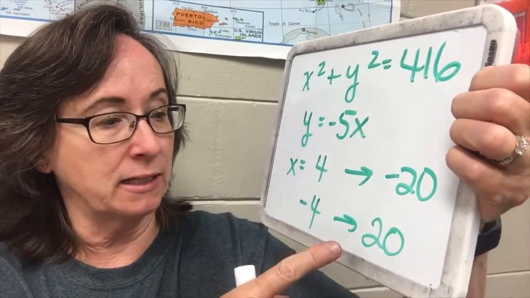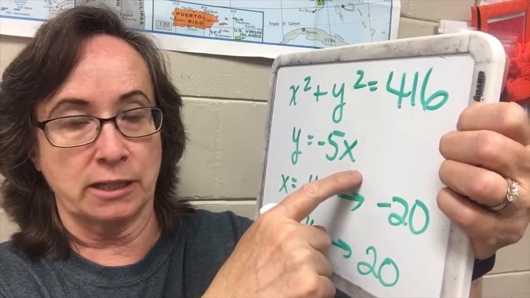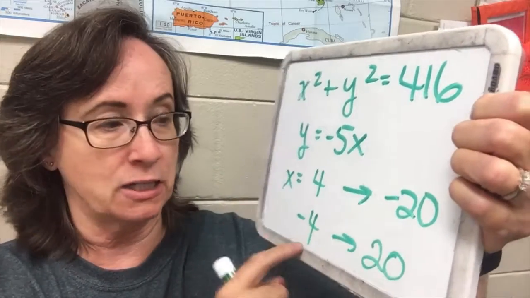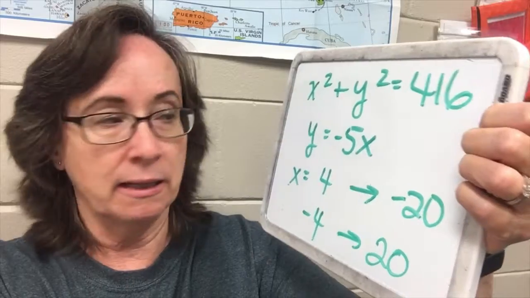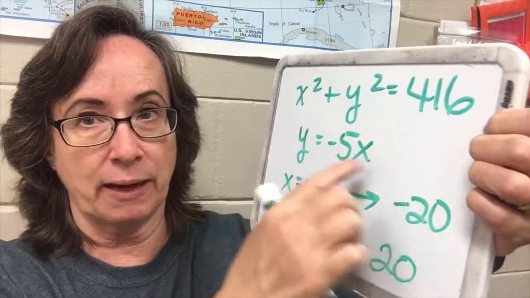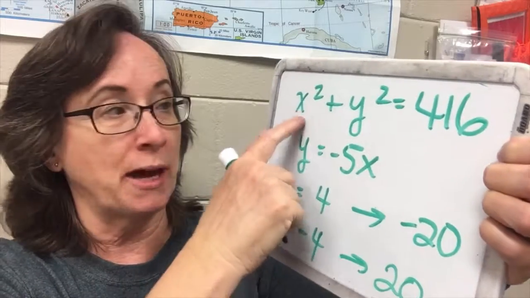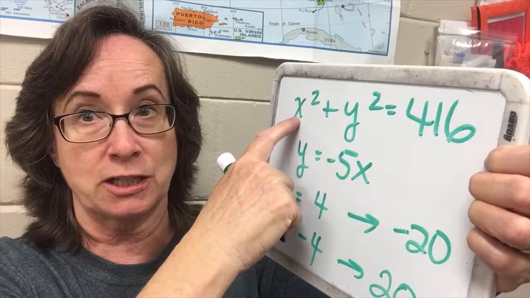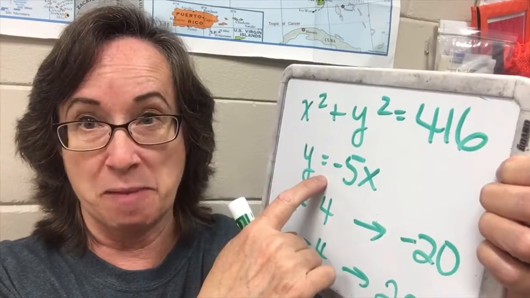So let's go back and look at our equations. We had this equation and this equation, and we came out with x is plus or minus 4, and y is plus or minus 20. When we look at this equation, this one will work no matter whether we put plus or minus 20. Plus or minus 4, plus or minus 20, doesn't matter. But this one, it matters.